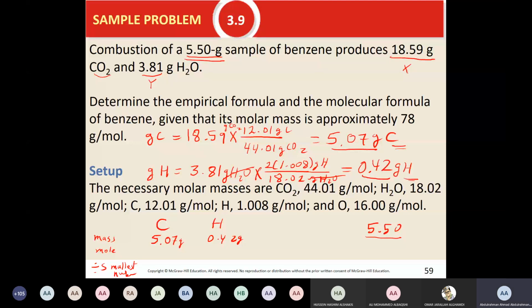Yes, carbon. 12.01. Now, what should you do with 12.01? 0.422, yes. 0.422. How about this one?